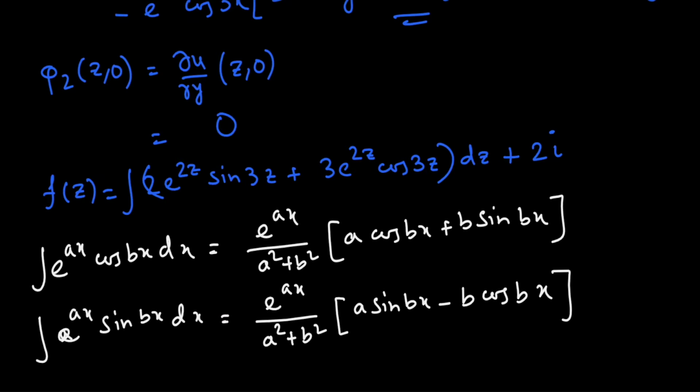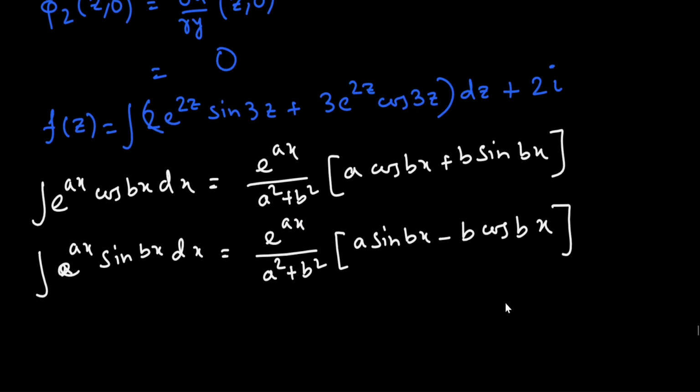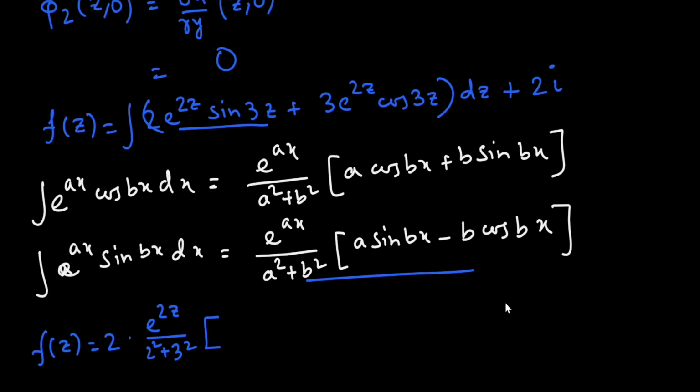So f(z) is equal to 2 outside the integration, e to the power 2z sin 3z, and we apply this formula. So 2 into e to the power 2z by a square plus b square, meaning 2 square plus 3 square, into a sin bx minus b cos bx, which is 2 sin 3z minus 3 cos 3z.